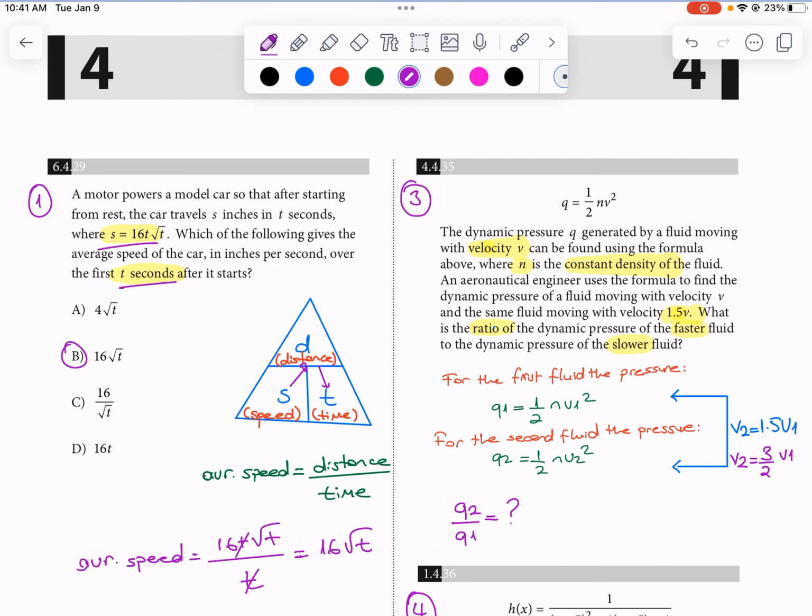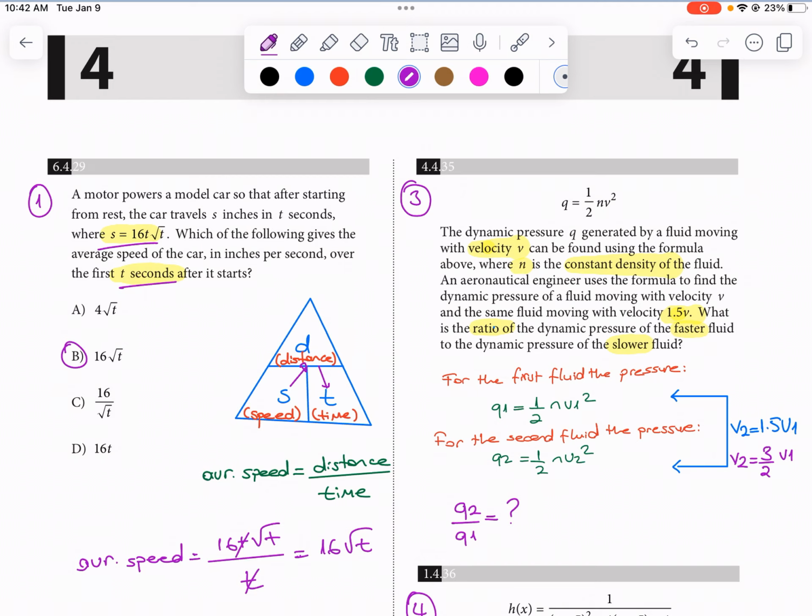So first of all, guys, we have to describe these variables again. Q is the dynamic pressure, N is the constant density of the fluid, and V is the velocity. So we have two dynamic pressure equations. One is Q1 is equal to 1 over 2 times N times V1 squared.